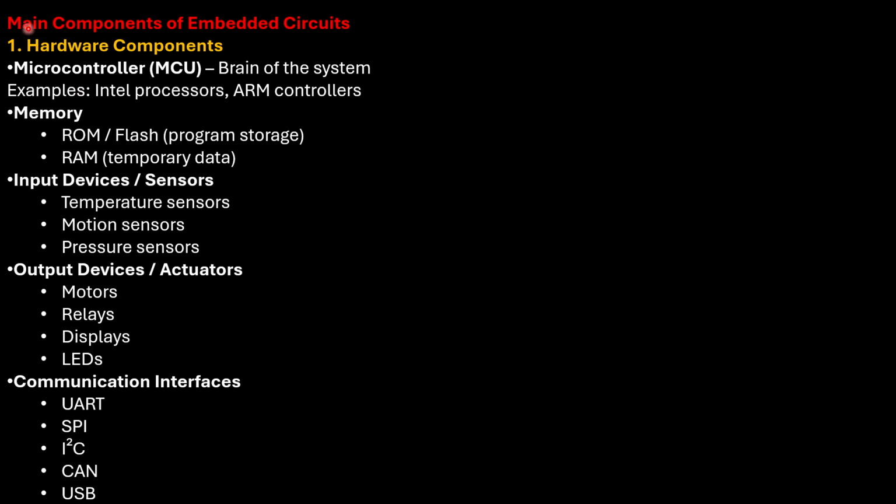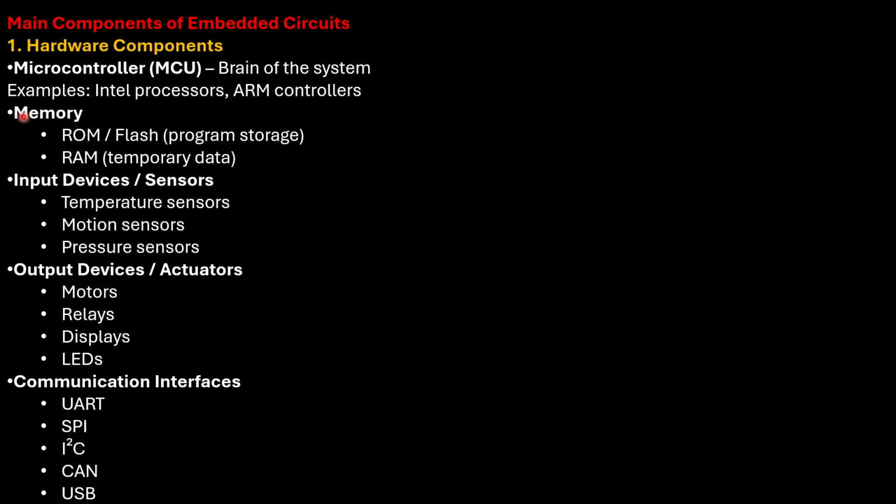So the main components of an embedded circuit. First, we'll take up hardware components. This includes the microcontroller, that is the brain of the system, and examples are Intel processors, ARM controllers.